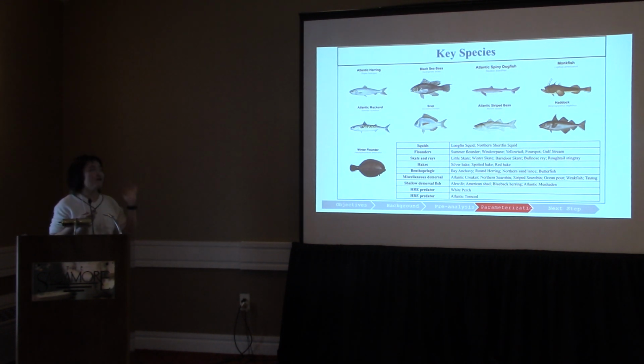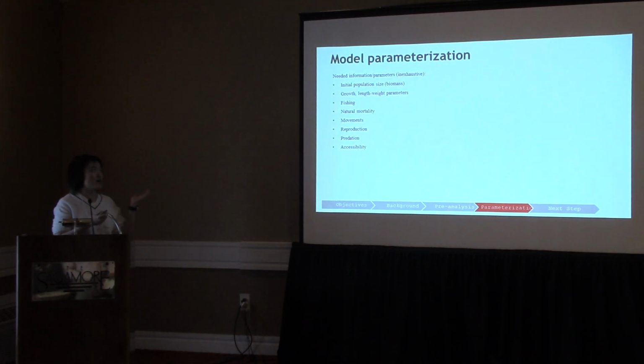So now we have all the species, and then we start the model parameterization. There are a lot of parameters that are needed for this type of model development. Here is just an inexhaustive list. Some of the parameters are very straightforward. For example, the initial population size and the growth and length parameters, we just get from the website or literature, and then we format them into the parameter files.